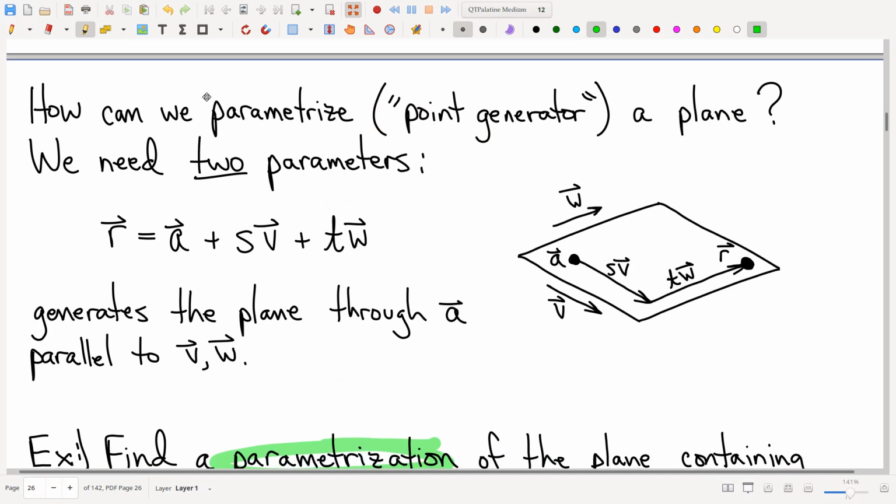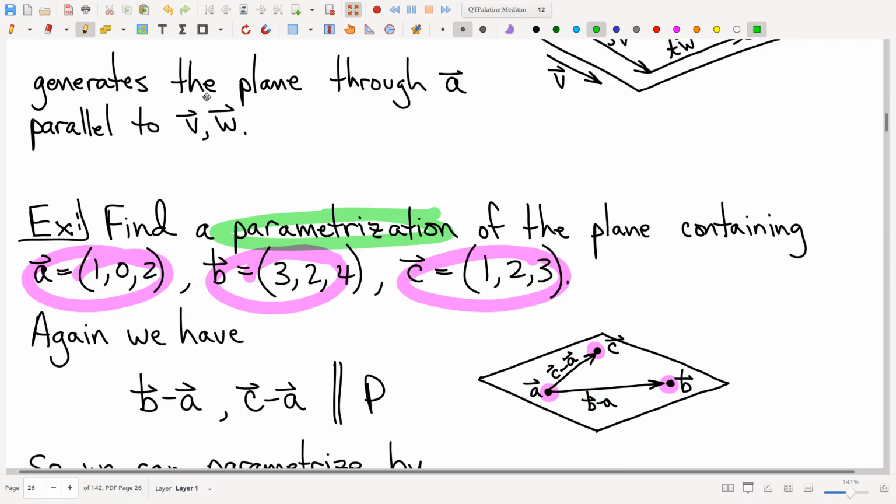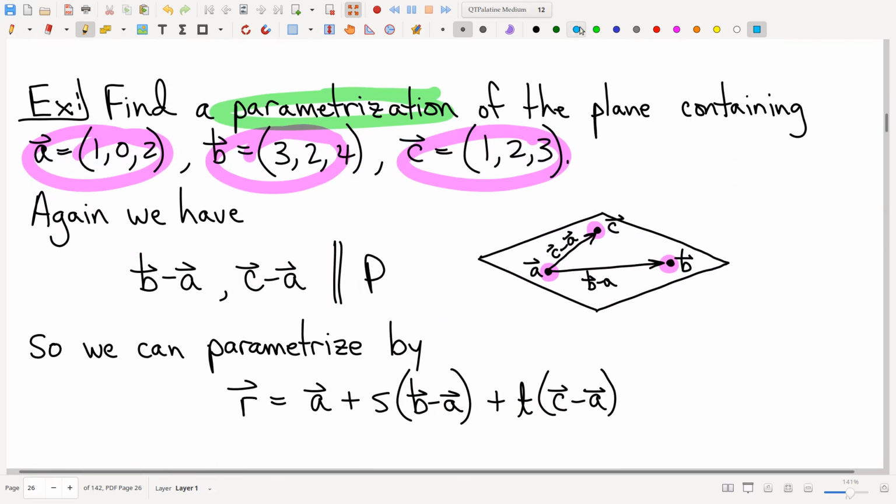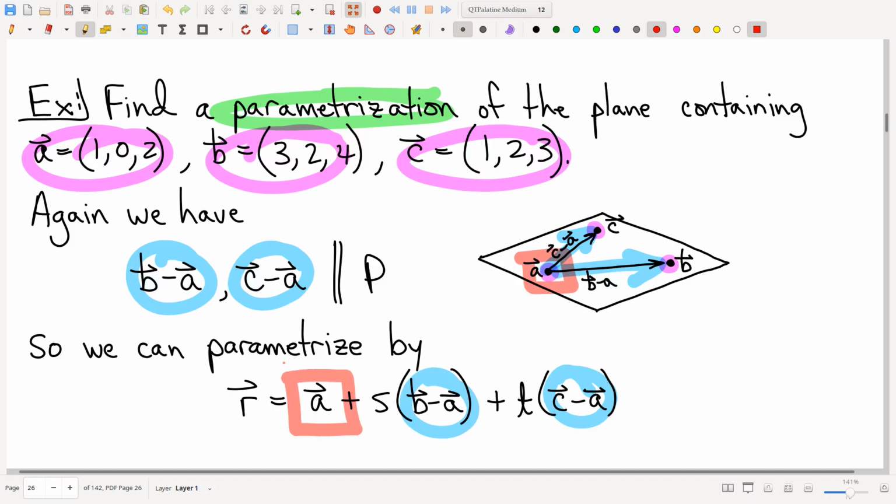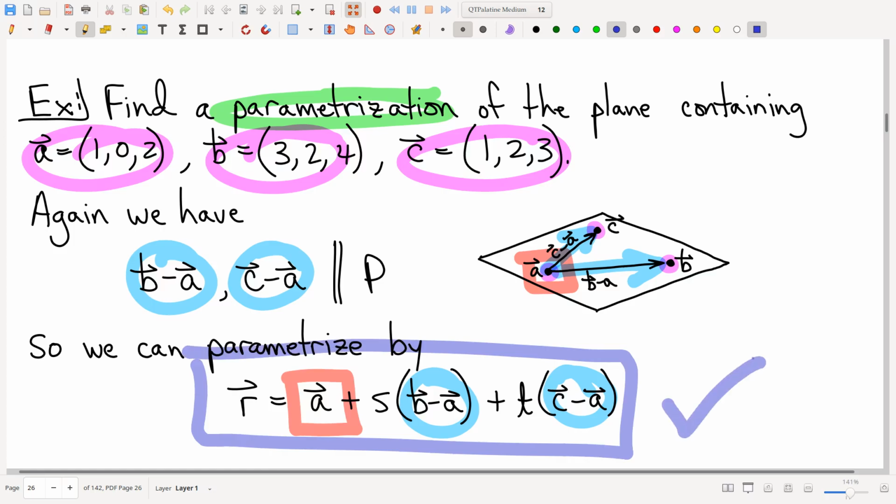All they require is a couple of direction vectors parallel to the plane in question. So this is even easier than the question we saw before. You pairwise subtract. Now you've got a couple of direction vectors. Pick any one of these points. Doesn't matter. I'm going to use A, but any point in the plane works. Now you've got a point in the plane, a couple of direction vectors, and per above, there is my parameterization. Okay. All right.